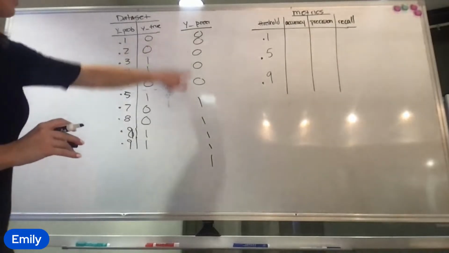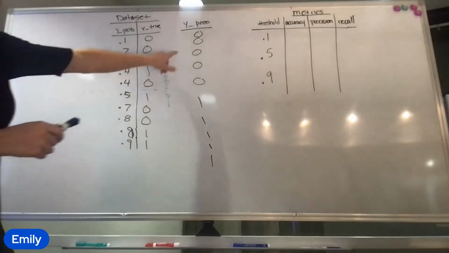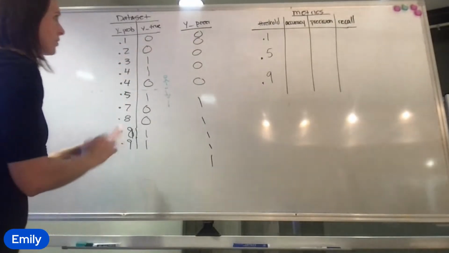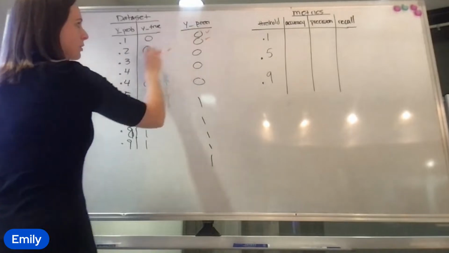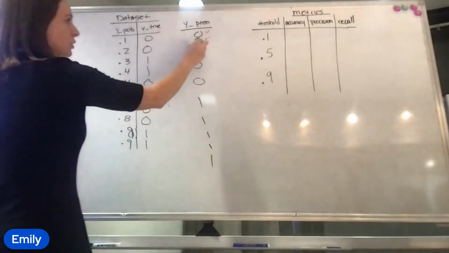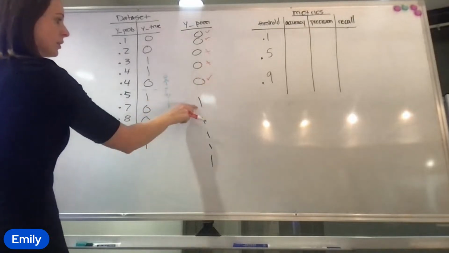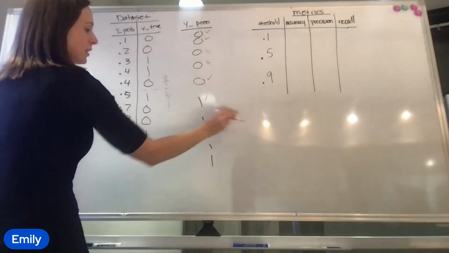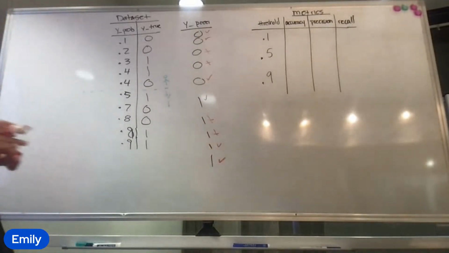And now we can calculate our accuracy. What's the accuracy? Let's do this. We predicted 0, it was actually 0, so we were correct. We predicted 0, it was actually 1, so we're incorrect. Predicted 0, was 0, we were correct. These match. Incorrect, incorrect, correct, correct. What's the accuracy there?